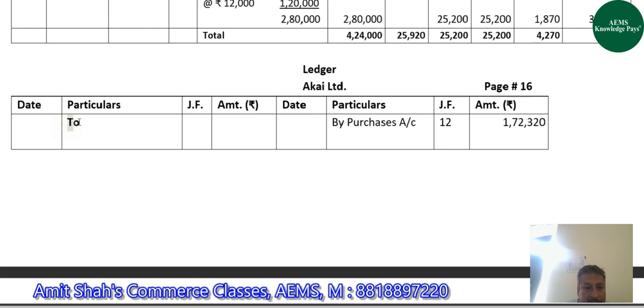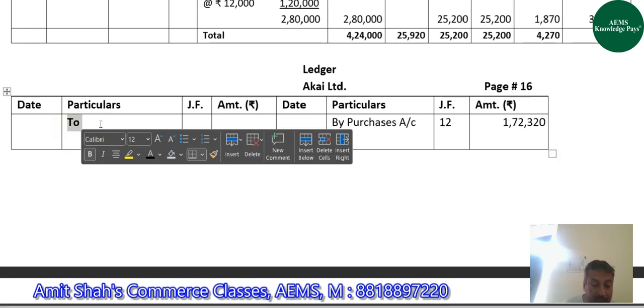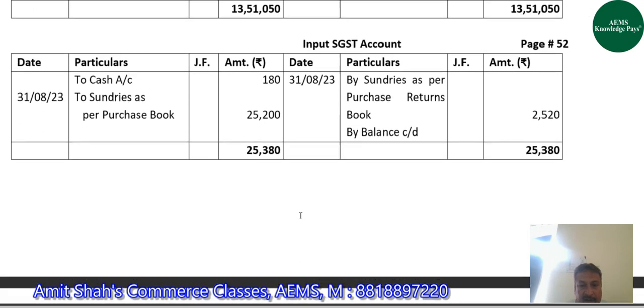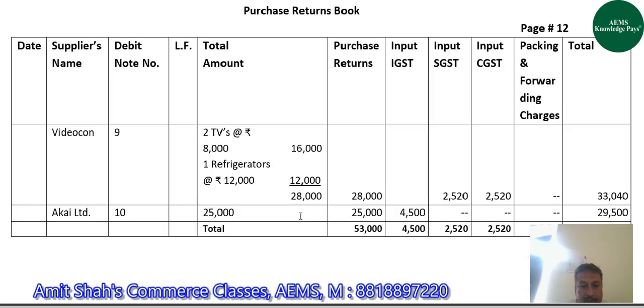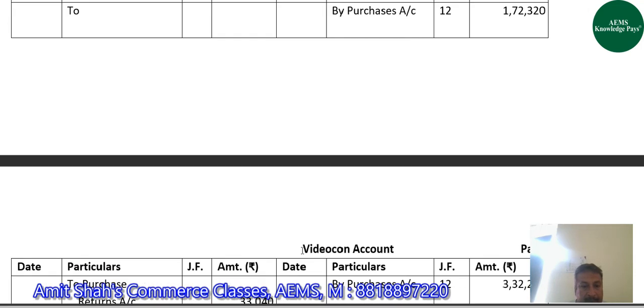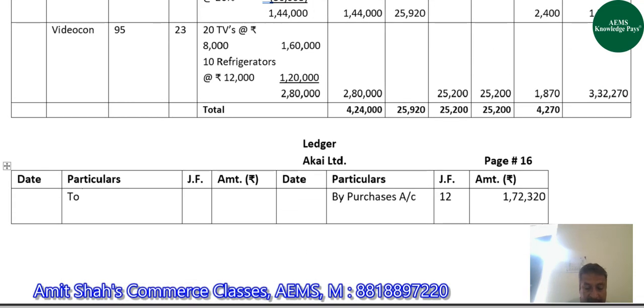Same way, guys, we will post the transaction in the Akai Limited account on the debit side because we returned goods of rupees 25,000 to Akai Limited, and for that we debited Akai Limited's account with 29,500. So here we will write to purchase returns account with 29,500.